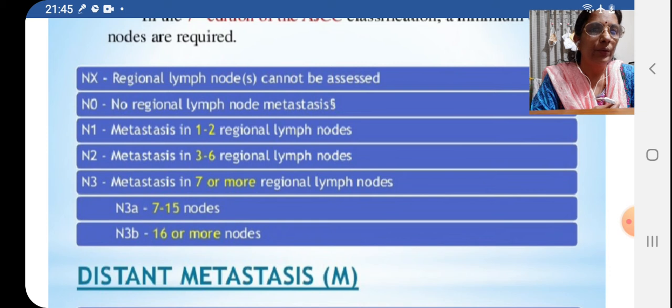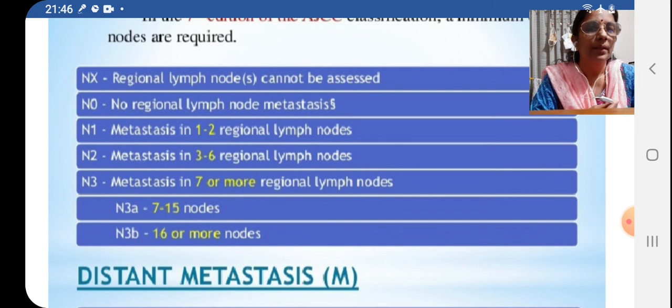I have already told you the first 6 nodes are perigastric nodes. So 1 or 2 regional lymph nodes involved is N1, N2 means metastasis in 3 to 6 regional lymph nodes. N3 is metastasis in 7 or more regional lymph nodes. In that, N3A is 7 to 15 nodes involvement and N3B is 16 or more nodes involved.